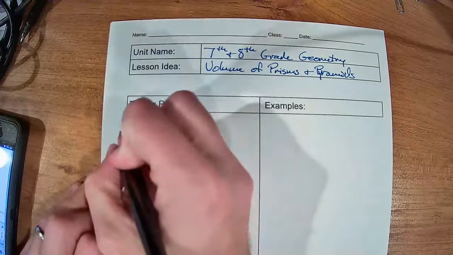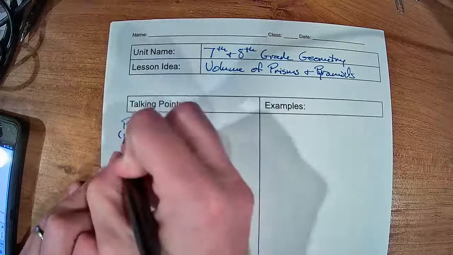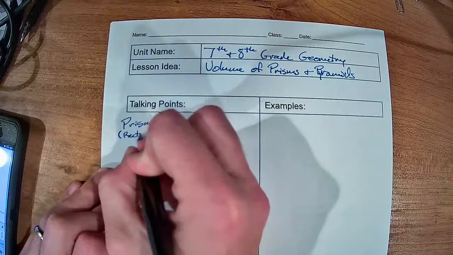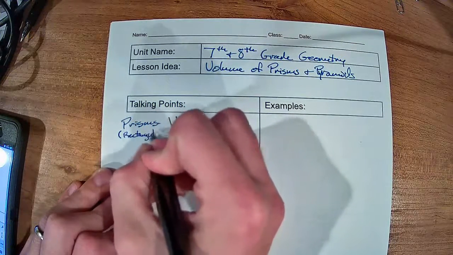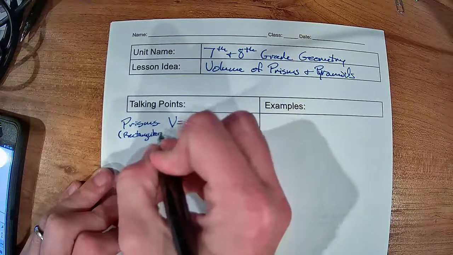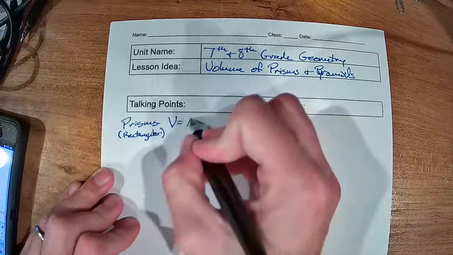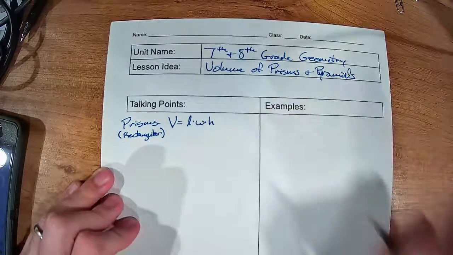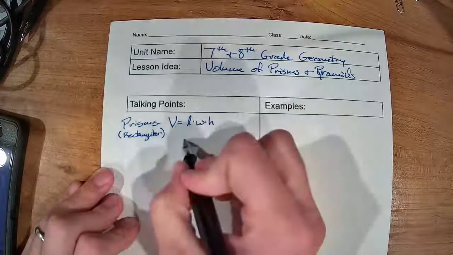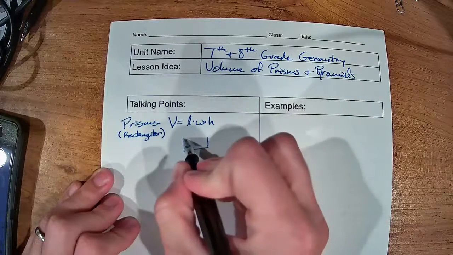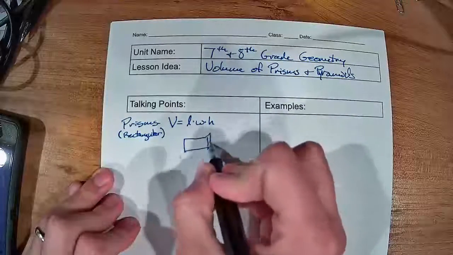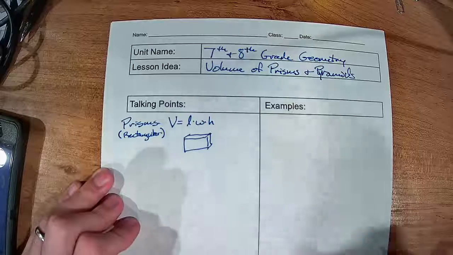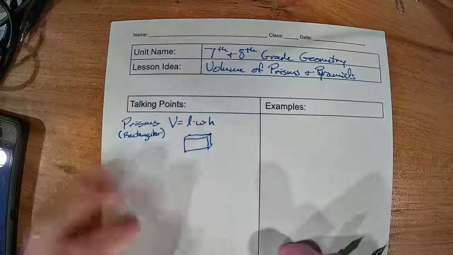If you're talking about specifically, we'll put it in parentheses here, if you're talking about simply a rectangle or rectangular prism, then a lot of us will simply do length times width times height. All right, but again, that only works for a rectangular prism. So something that maybe looks like that when we draw it, all right, a box.